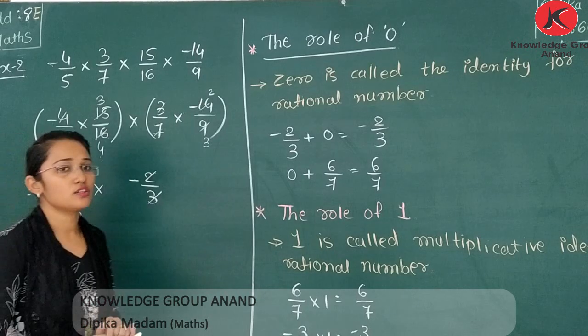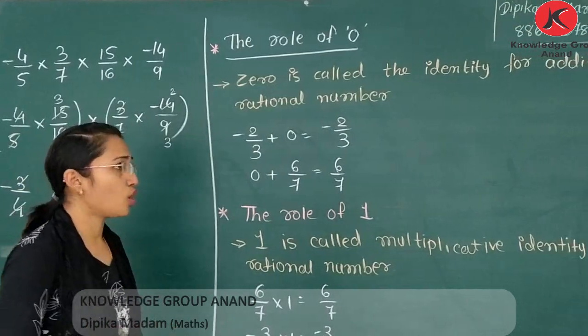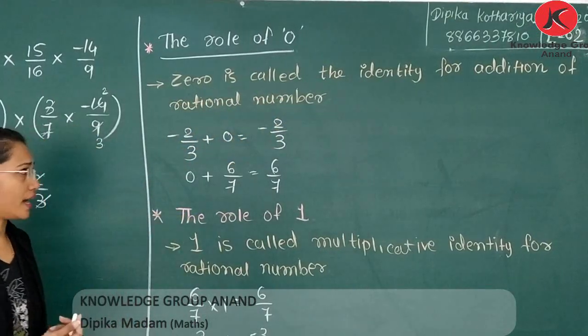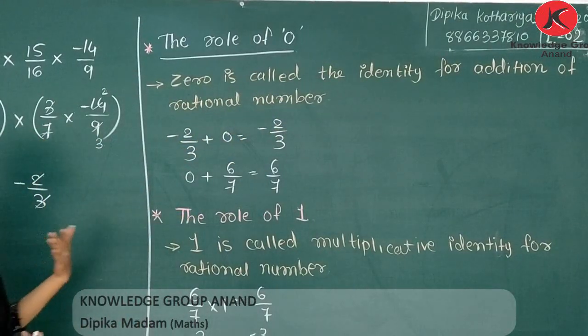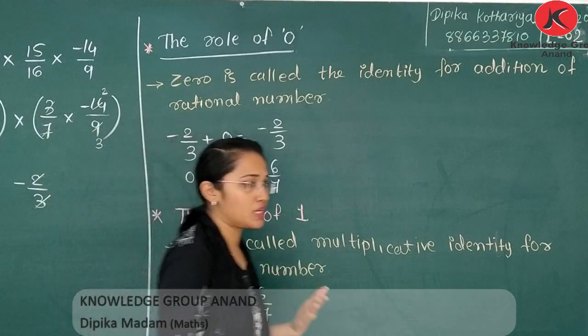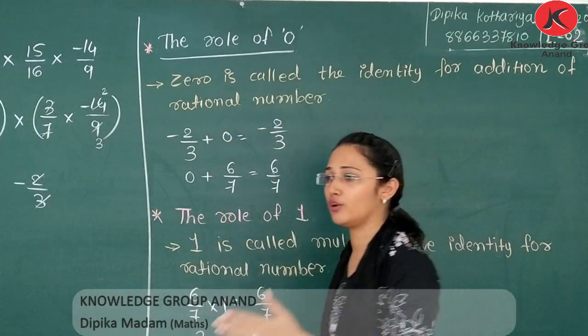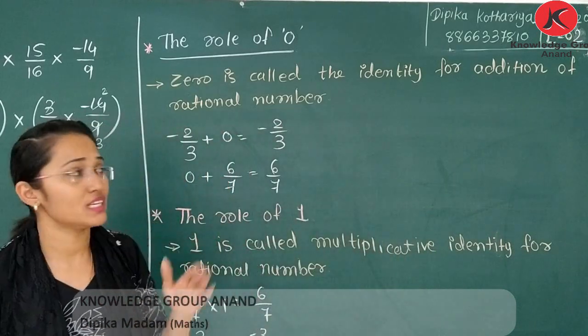Next topic is the role of 0. Here 0 is called the identity for addition of rational numbers. What is identity? Identity means the number which, when added, gives the same number back. That is 0.